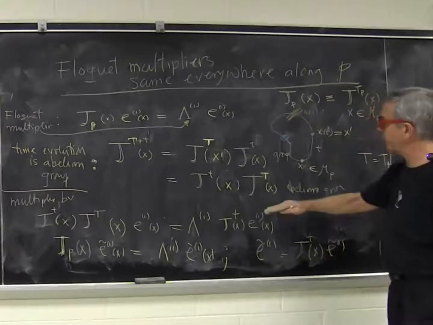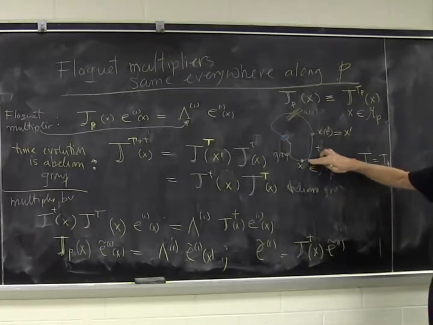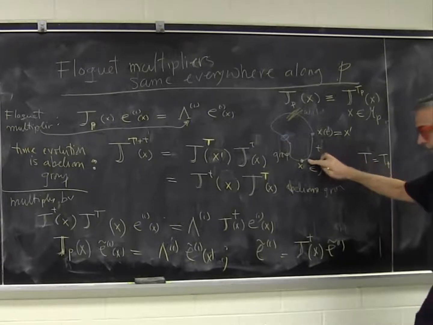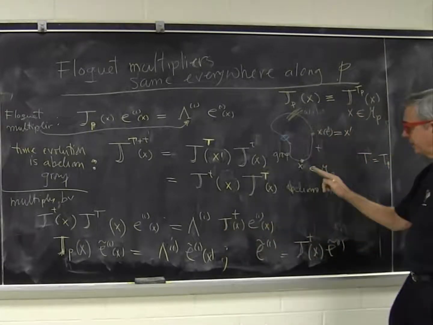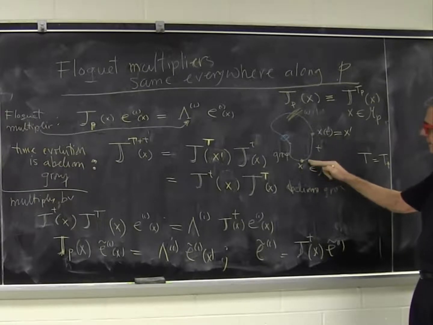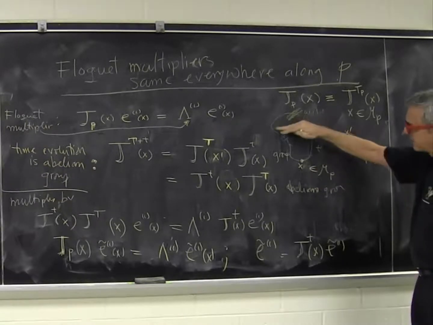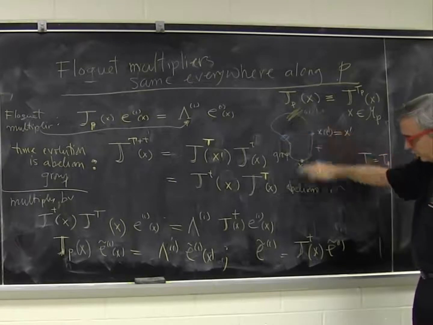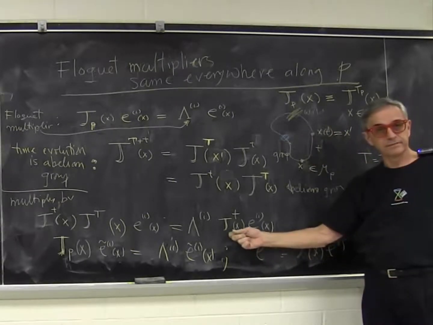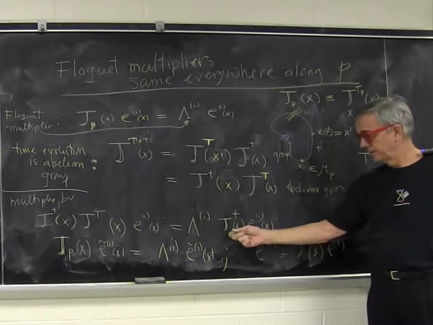That if you solve your eigenvalue problem any place on the loop, the eigenvector is being moved, or covariantly transported or whatever, along the loop just by the Jacobian itself, which you know how to compute.